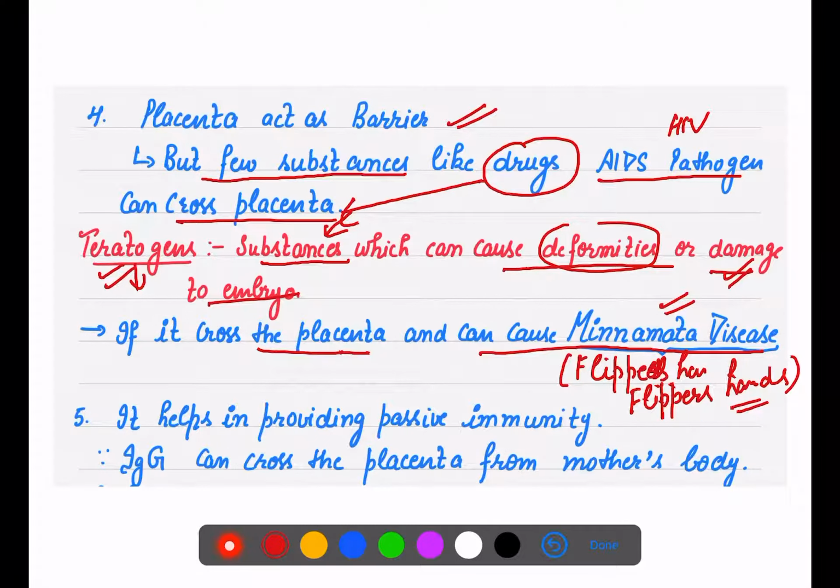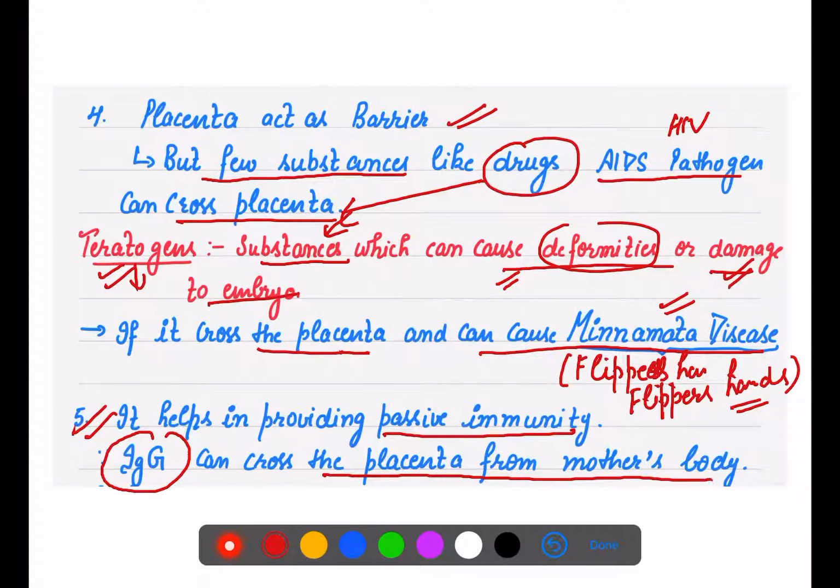Different drugs can cause different negative effects if they cross the placenta. Then the placenta helps in providing passive immunity, as IgG can cross the placenta from the mother's body and go to the developing embryo. So the embryo is getting ready-made antibodies.